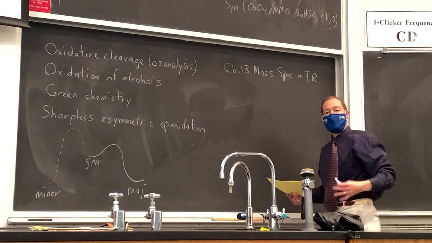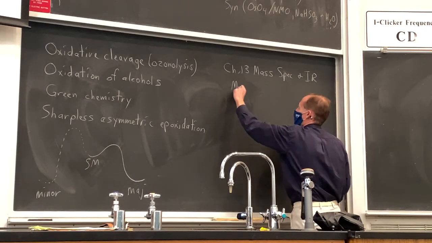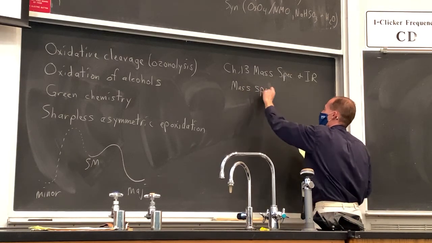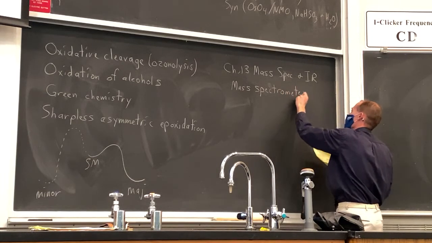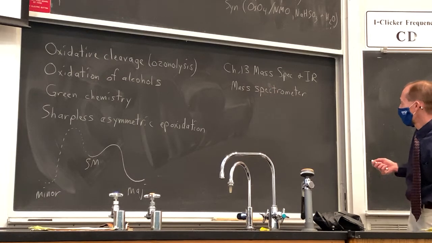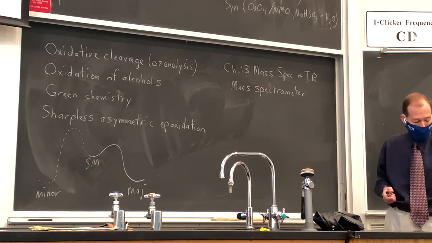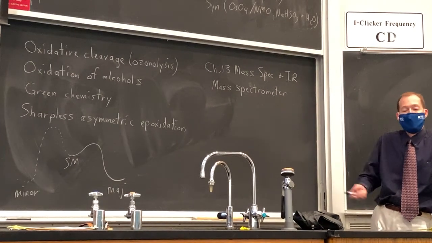The first thing we did was we spent some time explaining what a mass spectrometer is and how it works. It is important to have a basic understanding of each of the instruments that we discussed in chapters 13 and 14. So with a mass spectrometer, you need to understand what's happening inside the instrument. We're ionizing our sample.